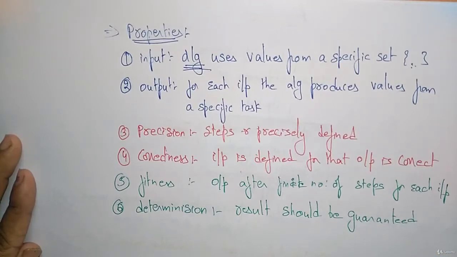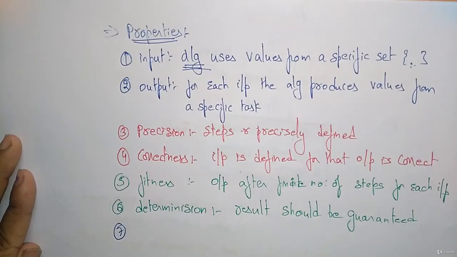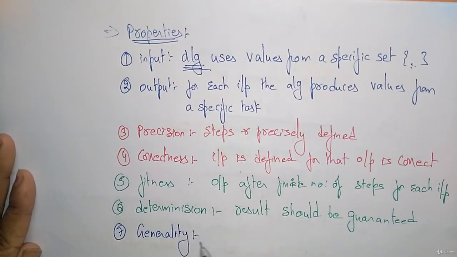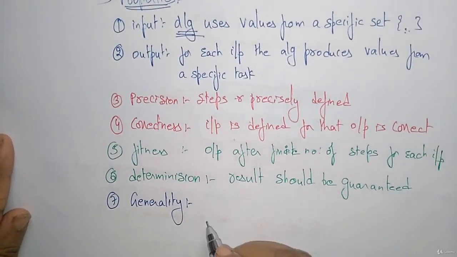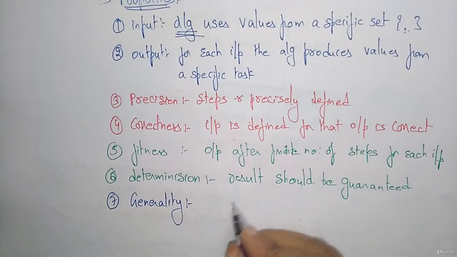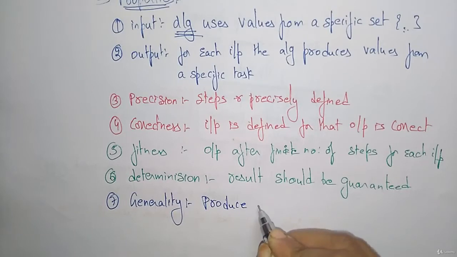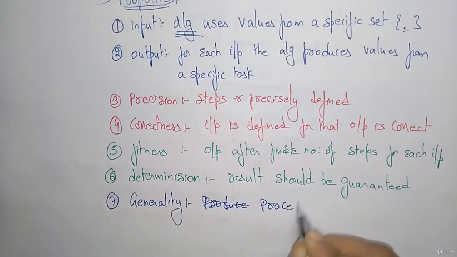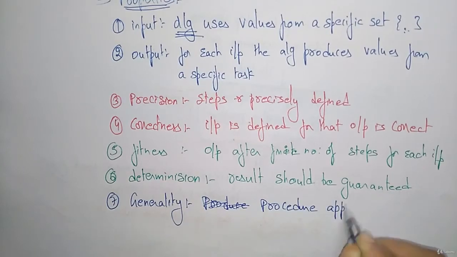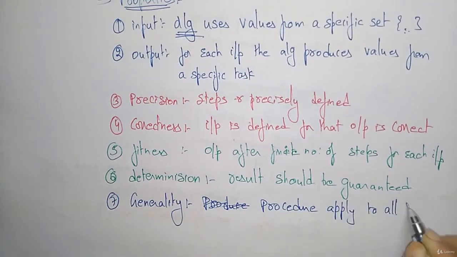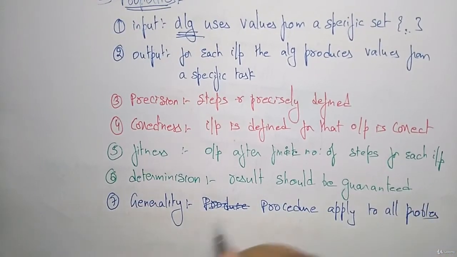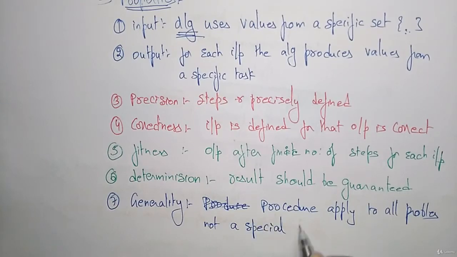Next, another property of an algorithm is generality. Generality means the procedure applies to all problems, not a special subset.